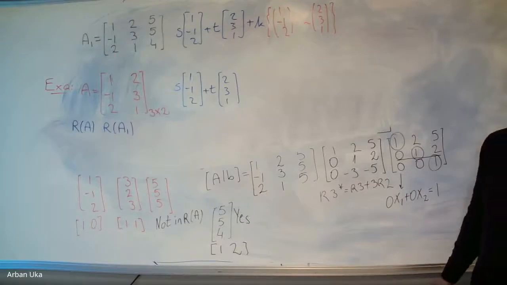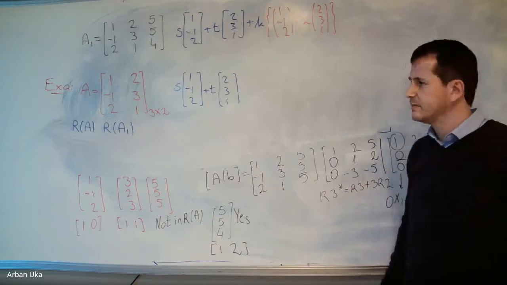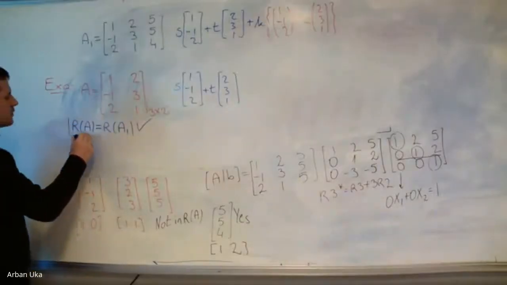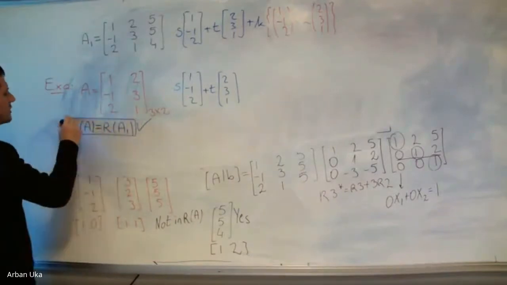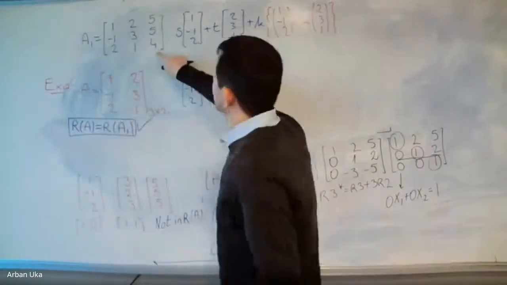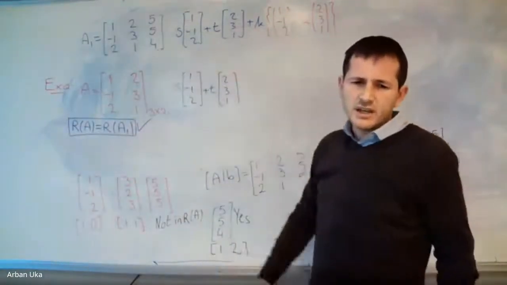But which one is larger? So does this mean they're equal in that sense? Yes, they are equal. The range of these two matrices are equal because this third column is not adding any new information.